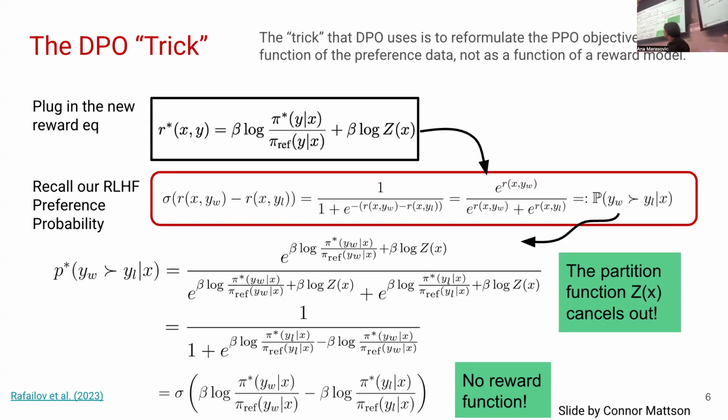I have canceled something that includes zeta x, which had a terrible marginalization over all of the responses, which is sweet because that was computationally very, very expensive. So just through a little bit of math, I have got rid of the zeta x, and that's the key property here.